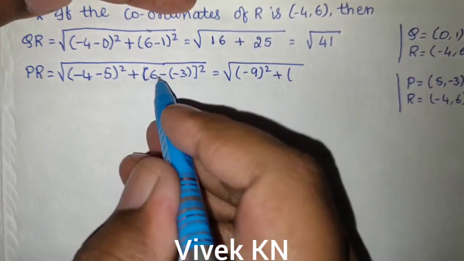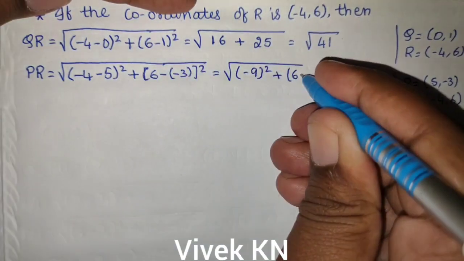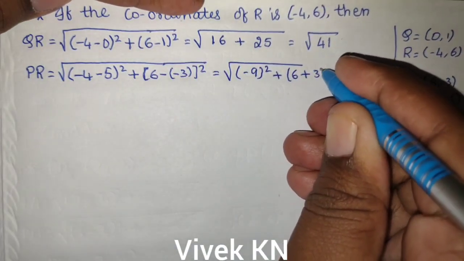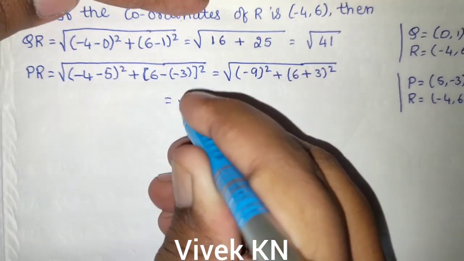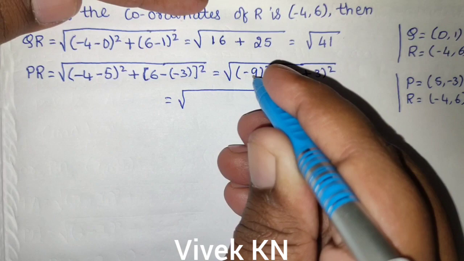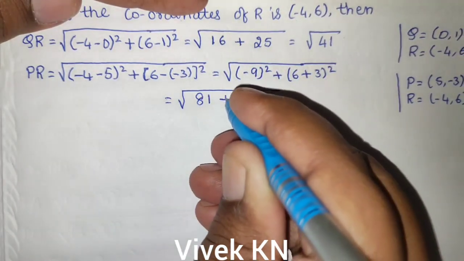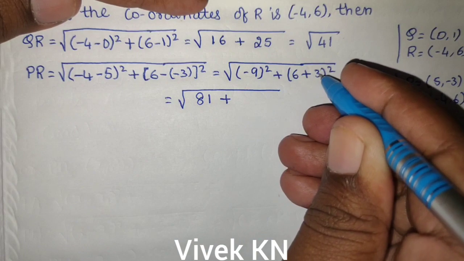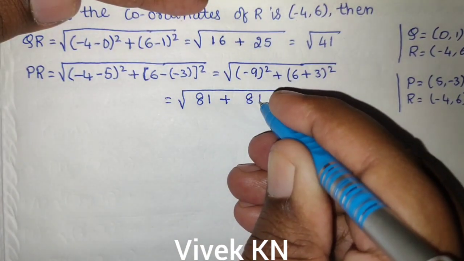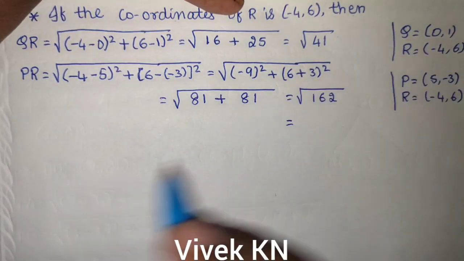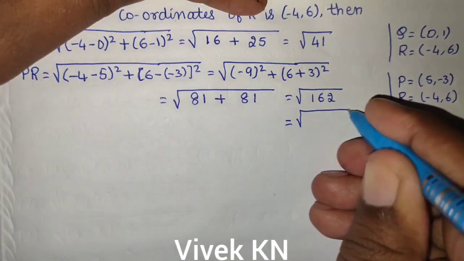plus 6 minus into minus is plus 3 whole square, which is equal to under root of, the value of minus 9 whole square is 81 plus 6 plus 3 is 9. 9 square is 81. This 162 can be written as 81 into 2.